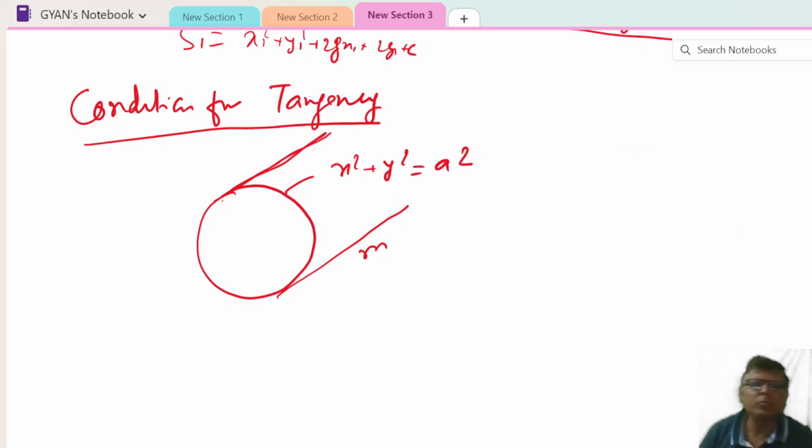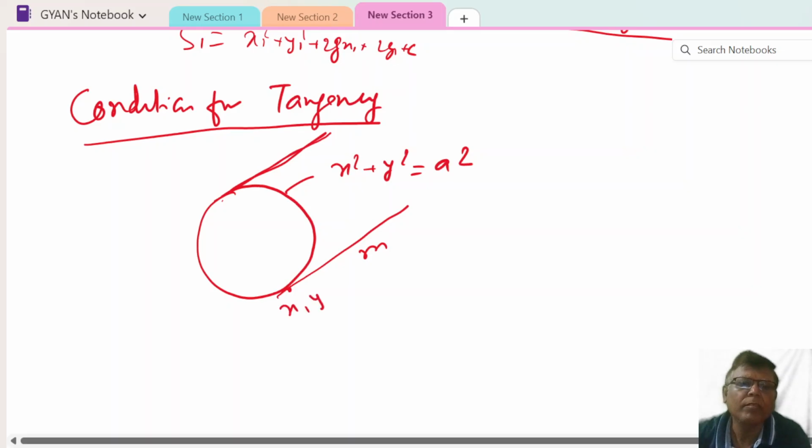So we want to know which m will have a tangent. Suppose this point is (x1, y1) and this is (0, 0).